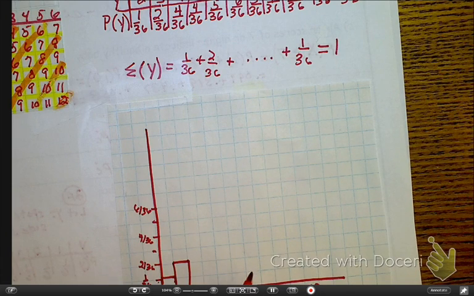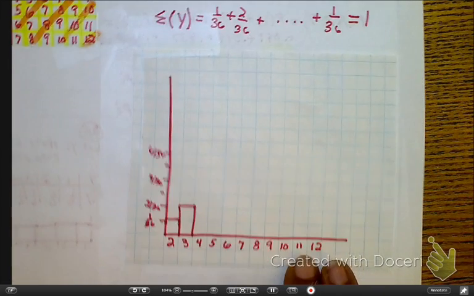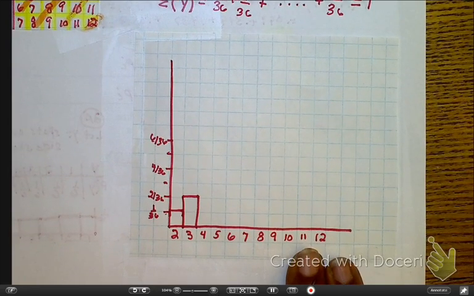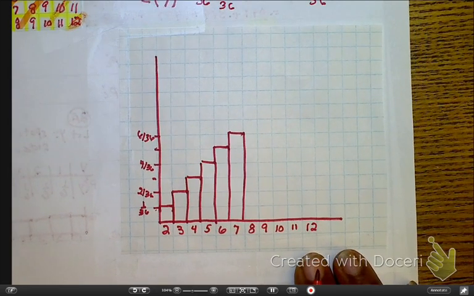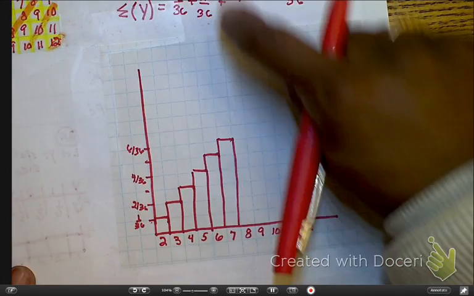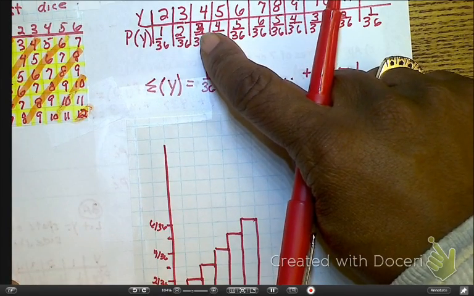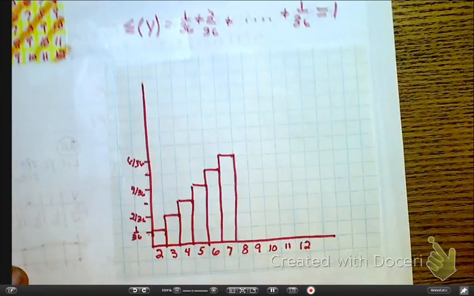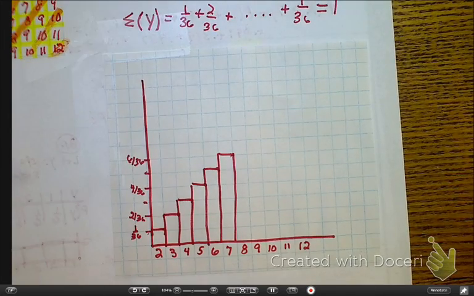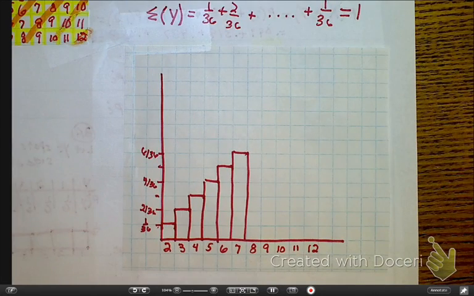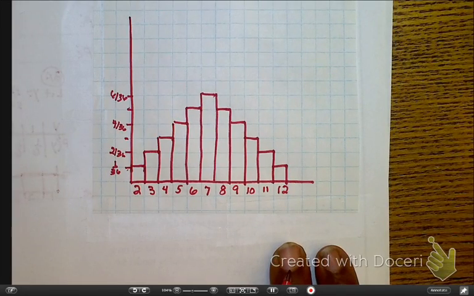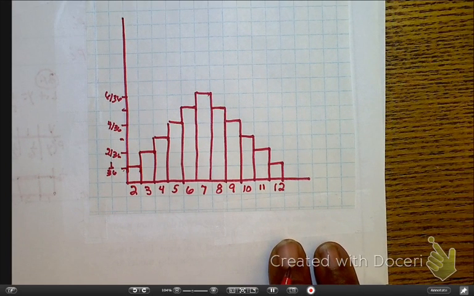Here's 2 out of 36, and then I'm just going to complete my graph. Okay, so this is what I have so far. Oh, I had to change that up there. I made it a 4, so change it to a 3, please. And then let's wrap this up. And here is my histogram of my probability distribution.